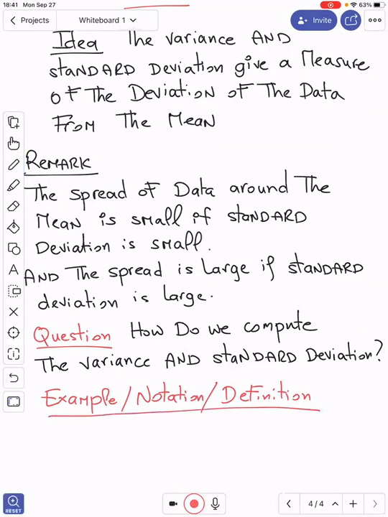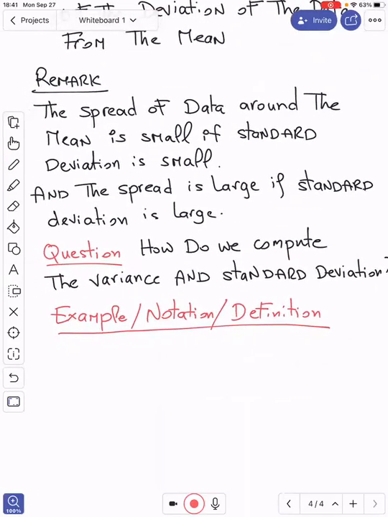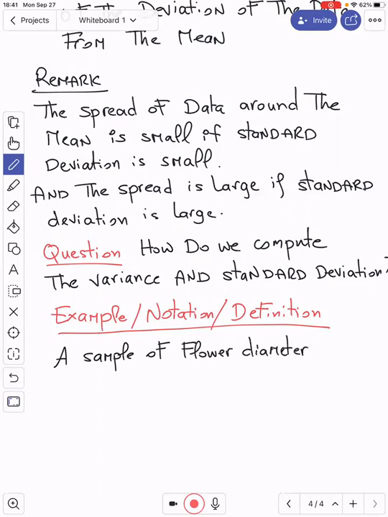So as I said, we're going to go with this example, the sample of flower diameters, in inches, of course. The units here are kind of important.